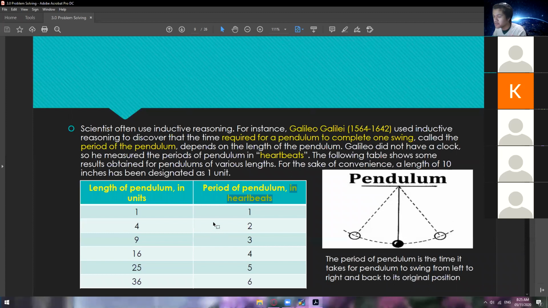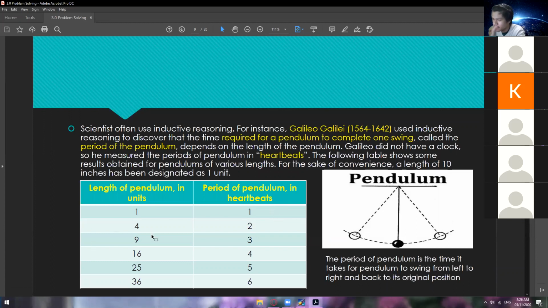Some have a very fast heartbeat, some a very slow one, and most of us are normal. For Galileo, a pendulum 10 inches long does one period, or one swing. One swing is the time it takes for the pendulum to swing from left to right and back to its original position.